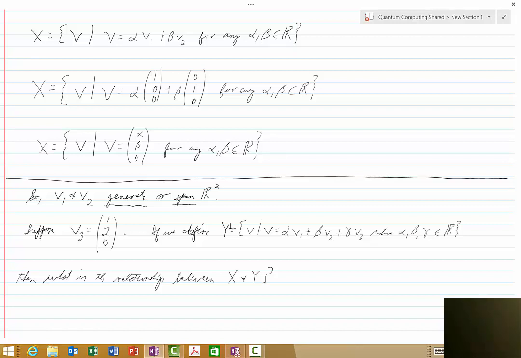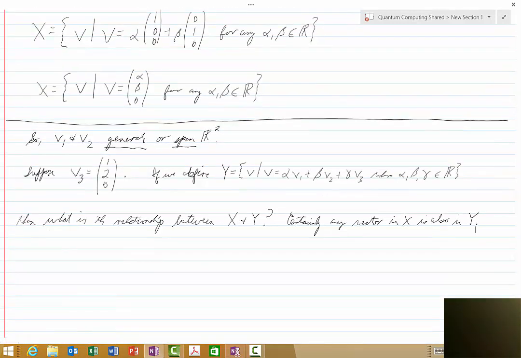So let me put this down. Certainly any vector in x is also in y. But is y bigger than x?